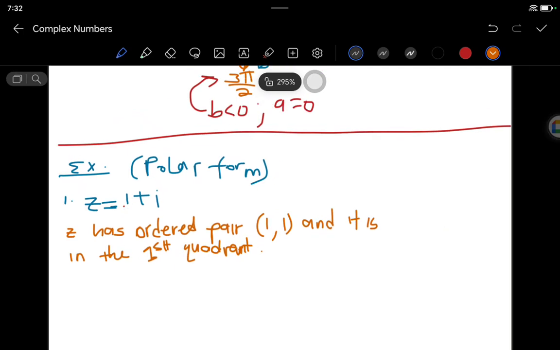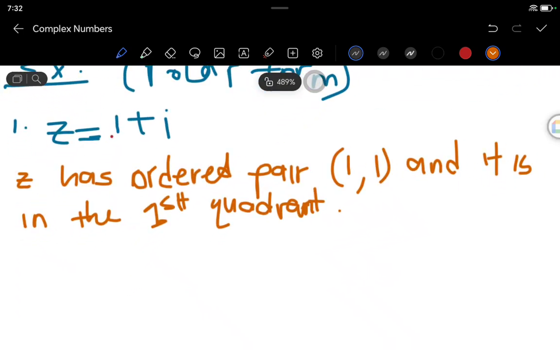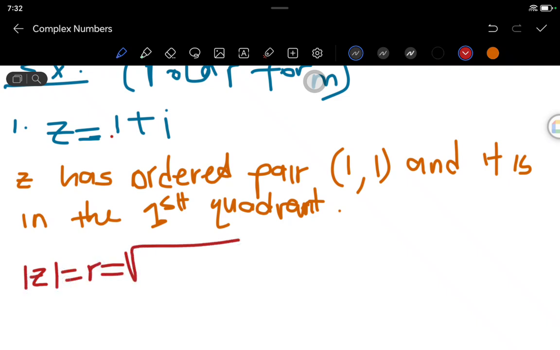Now, since we know that Z is in the first quadrant and our ordered pair is 1, 1, we can find the modulus. So it means that the modulus of Z, which is R, is going to be equal to the root of 1 squared plus 1 squared, which is just going to be the root of 2.